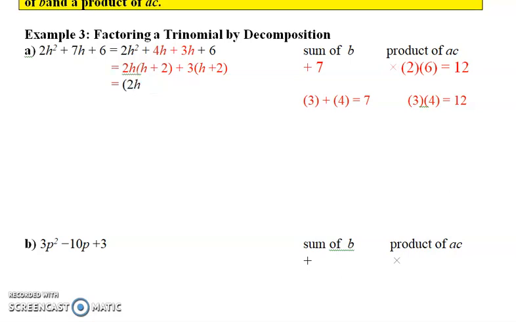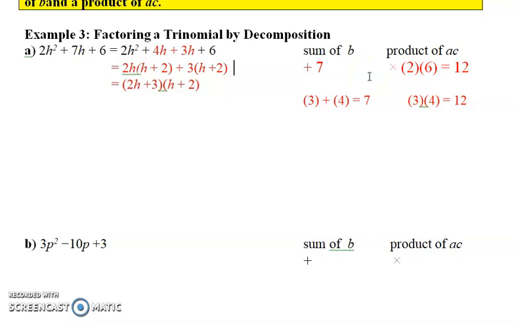So we're left with 2h plus 3. And then the common factor for both of these is the second factor. And again, the order doesn't matter. You could have changed the order there. And there's your answer. There is the factored trinomial into two binomials using decomposition.